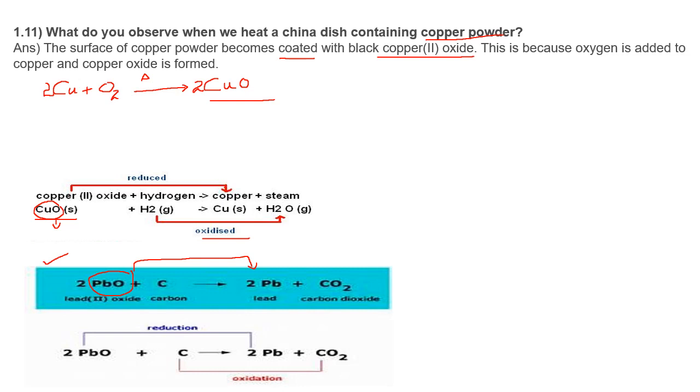That means it is reduced, and in the next case the carbon atom got oxygen and we say that carbon has oxidized. So first is reduced and carbon got oxidized, right? So I can write here oxidation reaction taking place.